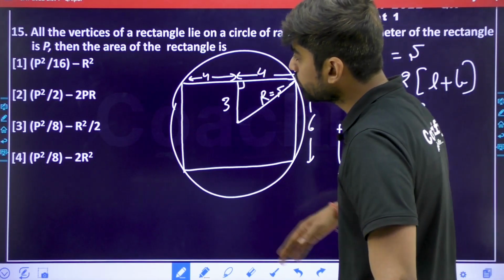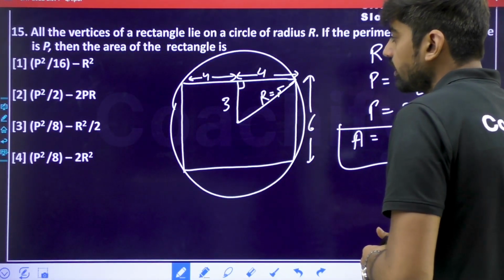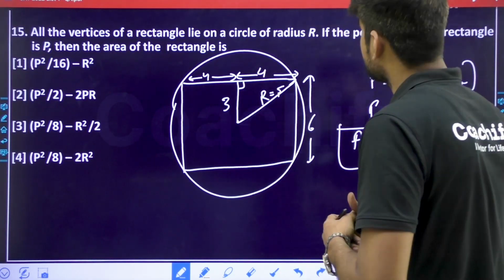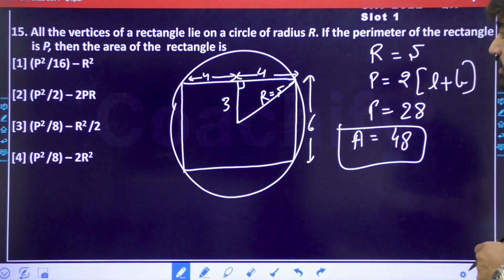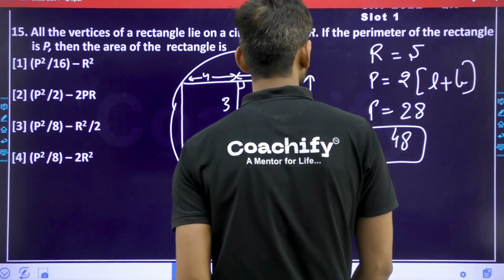Now, I'll put these values of P and R in the options, and the option in which, after substituting these values, the result I get is 48 will be my correct answer. So let's try putting these values. If I put P is equal to 28, let's use the first option.